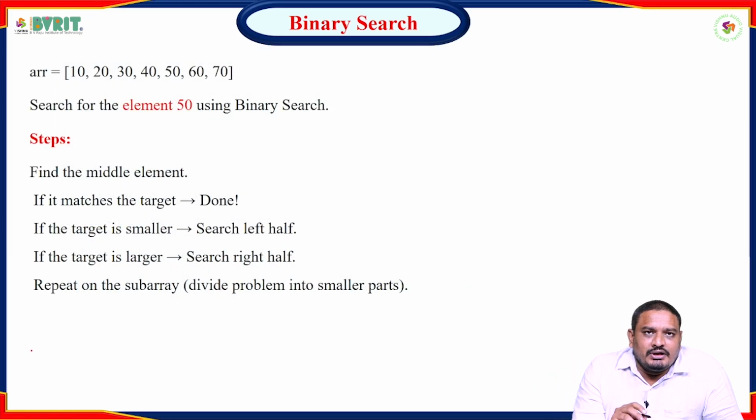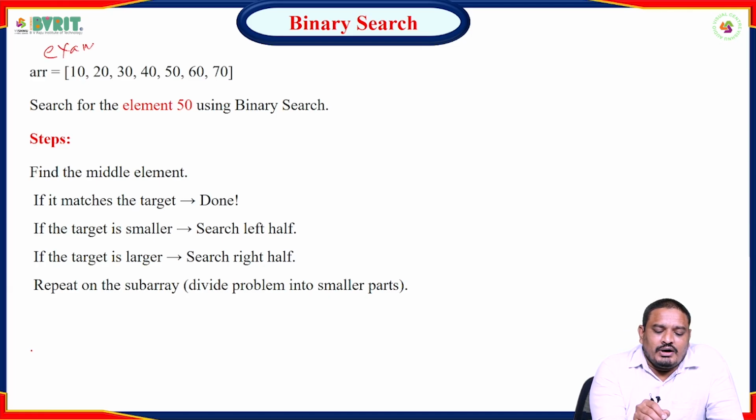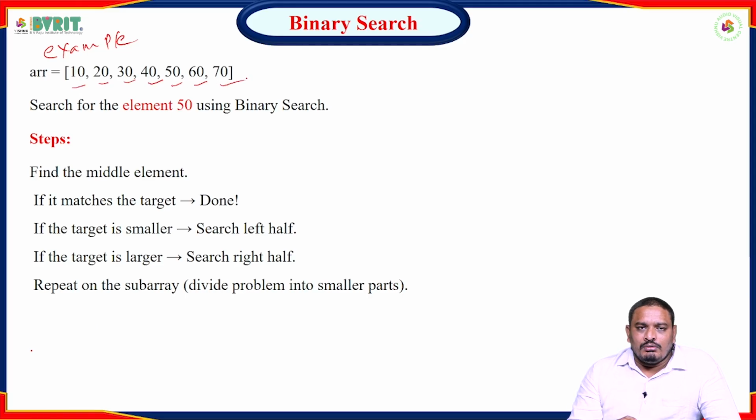First, we take an example for binary search. See this example: array equals 10, 20, 30, 40, 50, 60, 70. Now I am searching for the element 50 in that array using binary search. The steps to follow: first, find the middle element.